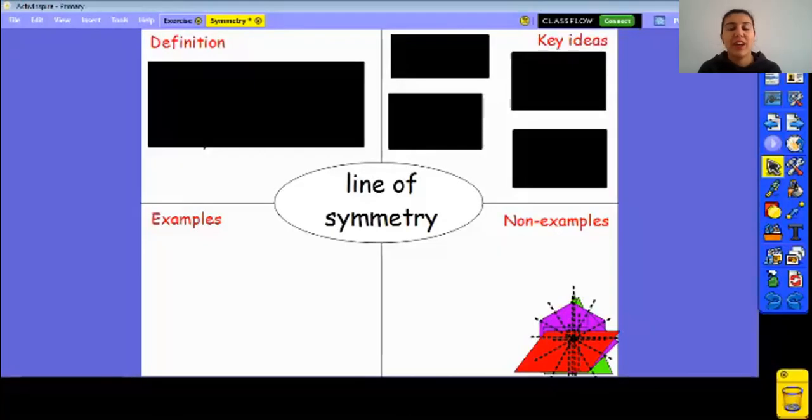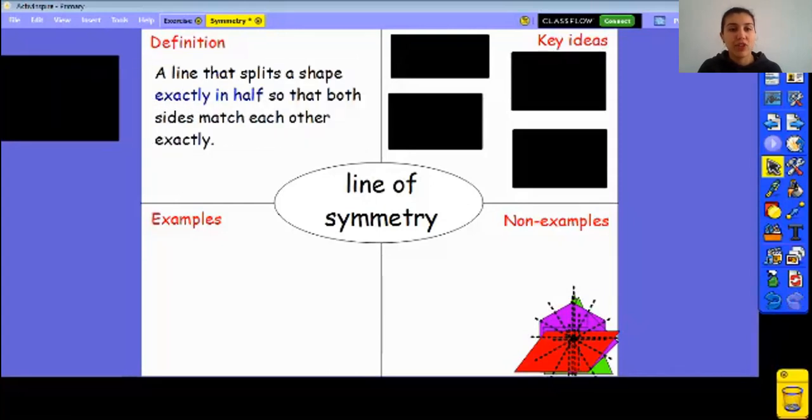So let's have a look at using a Frayer model to really try and understand what is meant by symmetry and a line of symmetry. So a line of symmetry is a line that splits a shape exactly in half. Now we've looked at halves just this week on Monday, and we noticed that 2 halves make 1 whole.